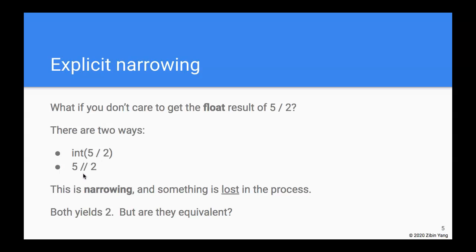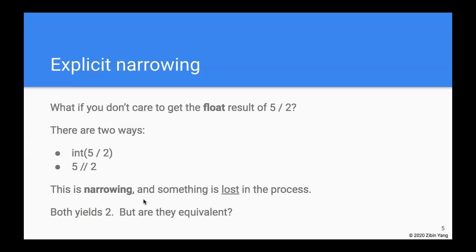Another is, instead of a single slash, to use double slashes, which is an integer division. In this case, we are losing information, because the actual result should be 2.5, but both of these expressions give us the number 2. Going from 2.5 to 2, we lose information, and that is called narrowing.